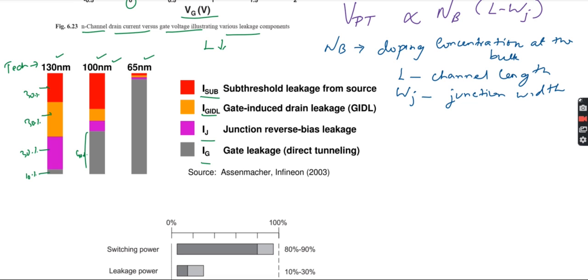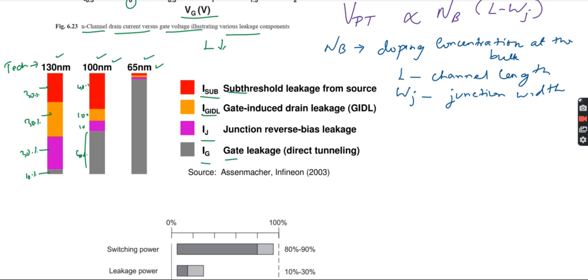The junction reverse bias will be very small, around 10% maybe. This also will be around 10%. This again I can say is 40%, the subthreshold leakage from the source. So the subthreshold leakage from the source and the leakage current will be more in the 100 nanometer.